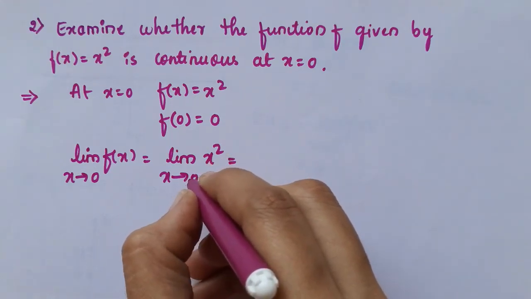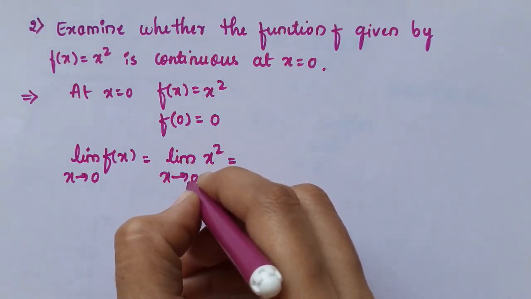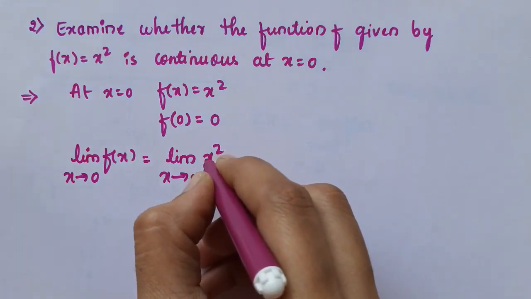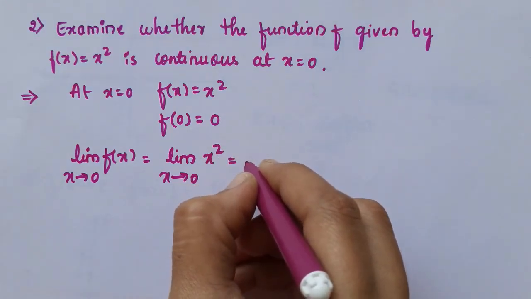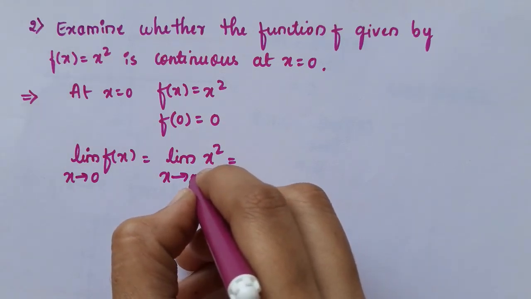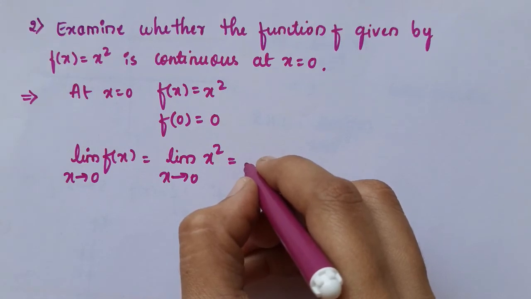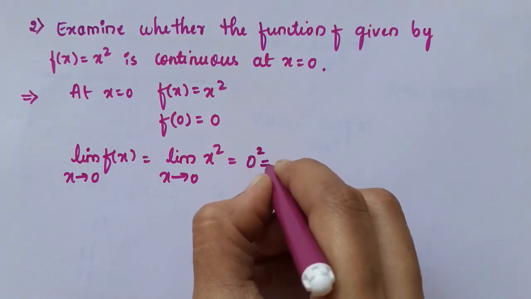Because x is very near to 0, that is 0.000000001. If you substitute that number also, you will get 0 only. That's why we simply substitute this value in place of x. Then we get 0 square, that is 0.